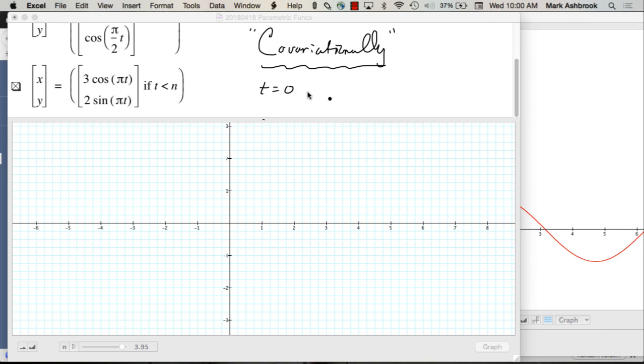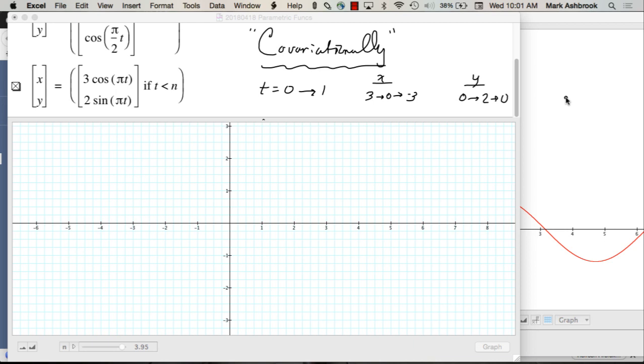As t goes from 0 to 1, 3x goes from 3 to, and does it pass anything along the way? Okay, and then what about y? How'd she do? That's right. Good start.